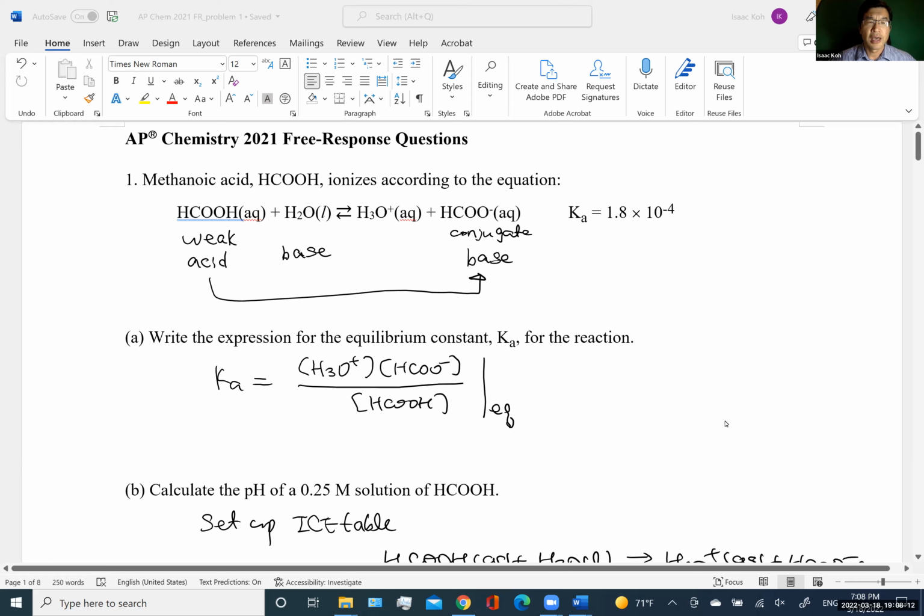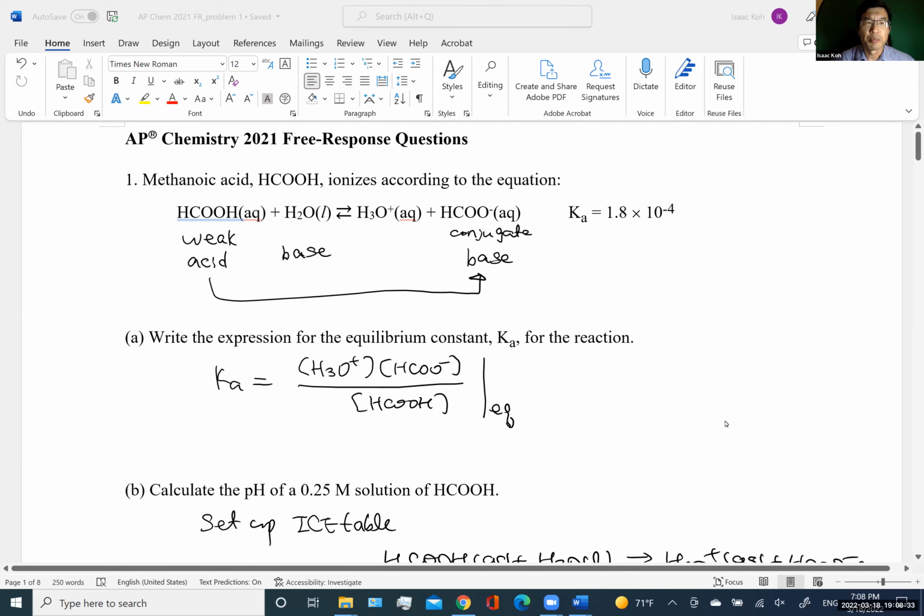Methanoic acid, HCOOH, ionizes according to the equation. Let's say we have solvent water. Remember that in general chemistry, we are only considering aqueous solutions when we have a solute, such as here, methanoic acid dissolved in water.